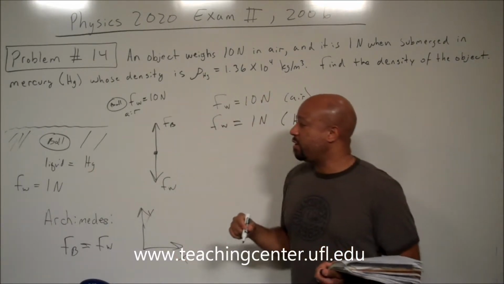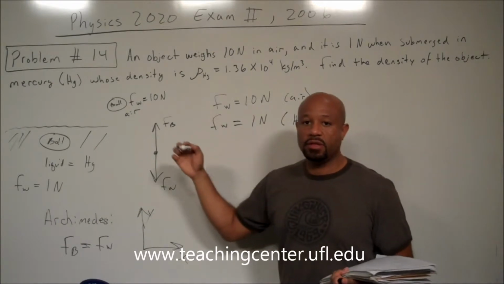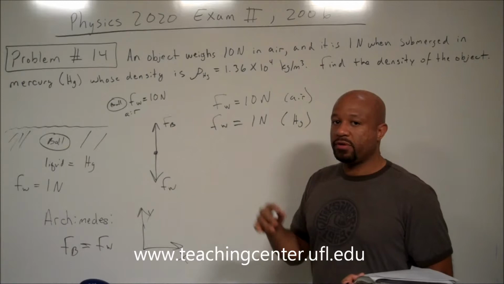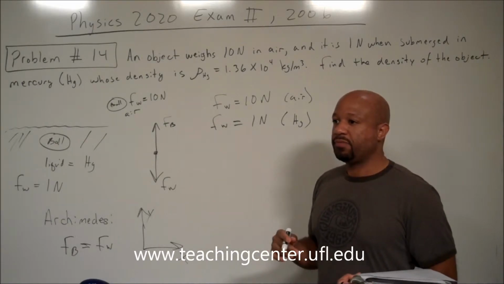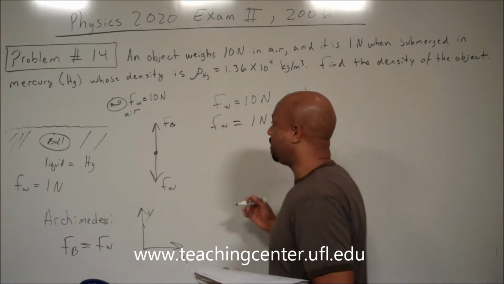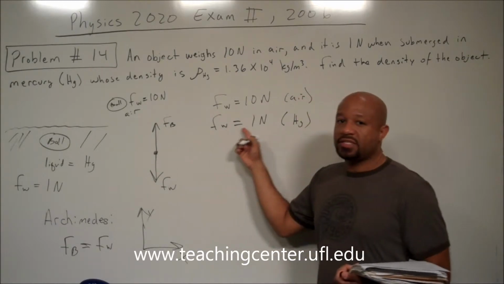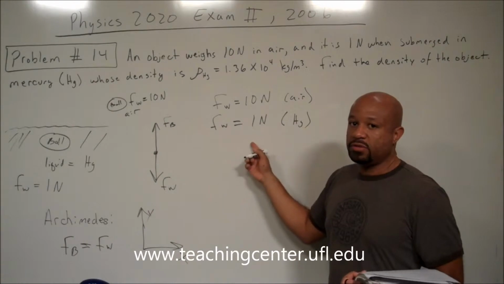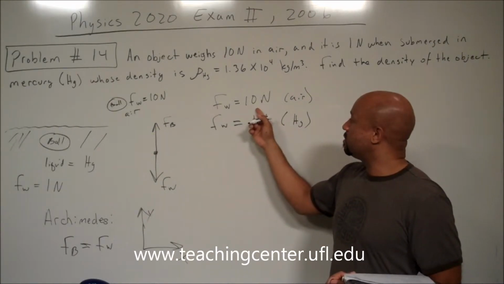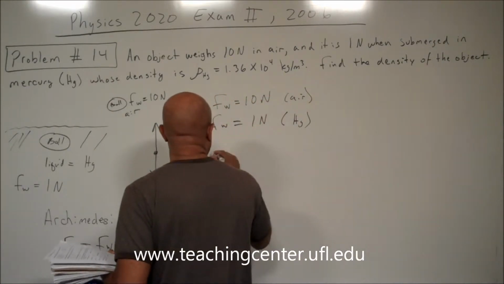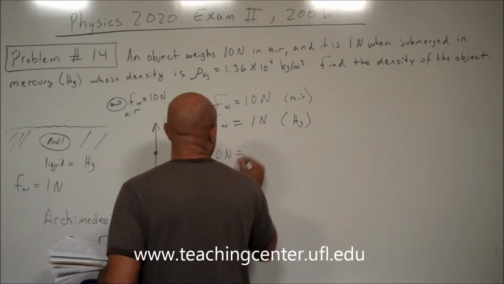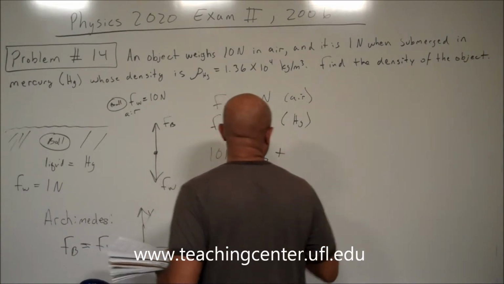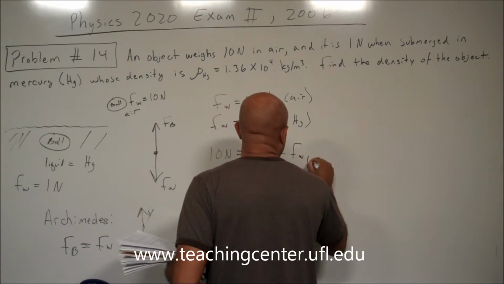So what does that mean? That means that the buoyant force, the force applied onto the object by the liquid, is going to be 9 newtons. Why is it going to be 9 newtons? Because the object is still seeing 1 newton. So that means that 9 of the newtons is not being seen. So 10 newtons is going to be equal to the buoyant force plus the weight in the liquid.